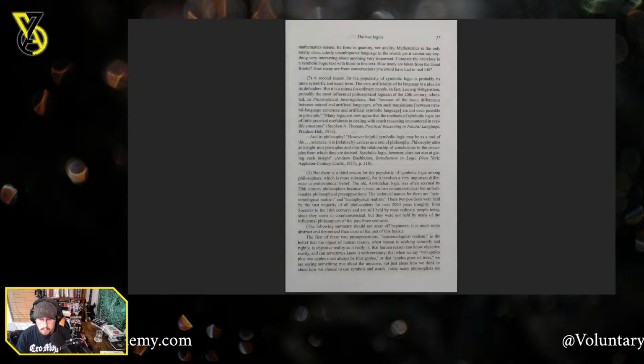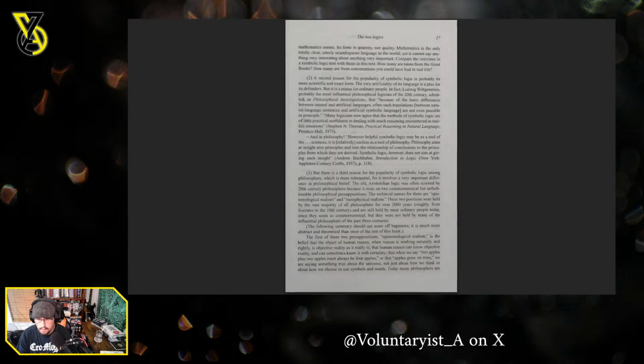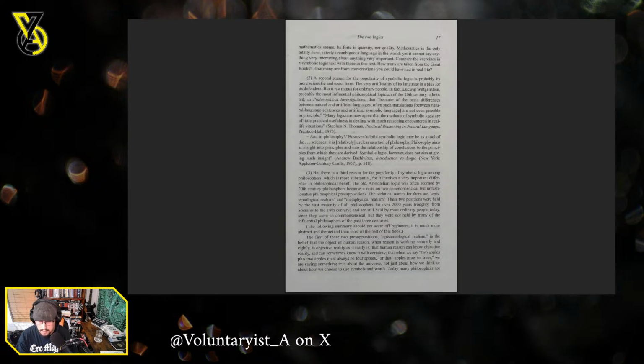Number 3. But there is a third reason for the popularity of symbolic logic among philosophers, which is more substantial, for it involves a very important difference in philosophical belief. The old Aristotelian logic was often scorned by 20th century philosophers because it rests on two commonsensical but unfashionable philosophical presuppositions.